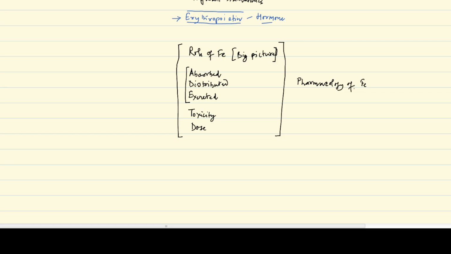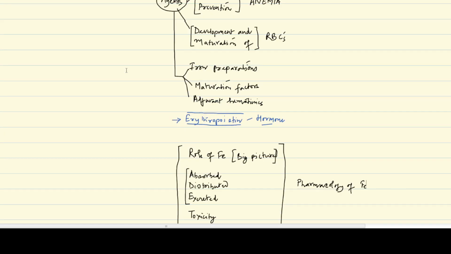of iron. Okay, which brings us to the question: what exactly are the agents which are used as hematinics? Okay, so from this discussion, we know that iron is one. Okay, so hematinics, iron, and maturation factors.